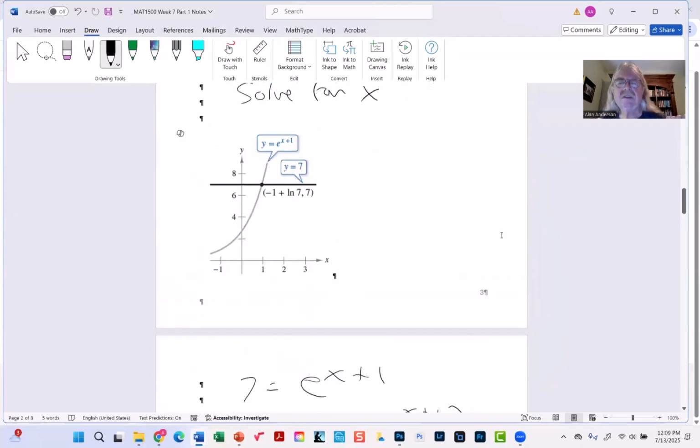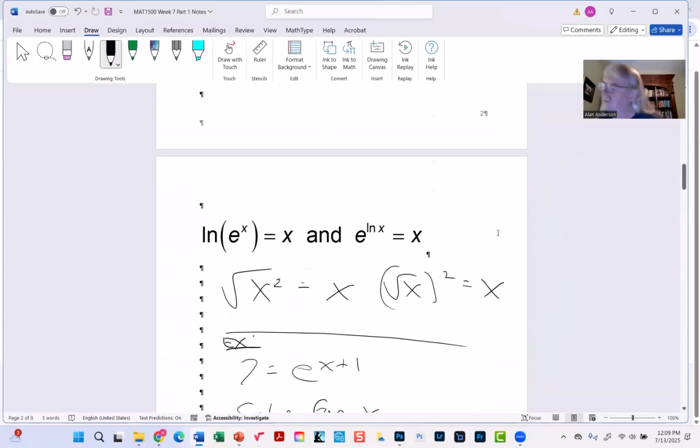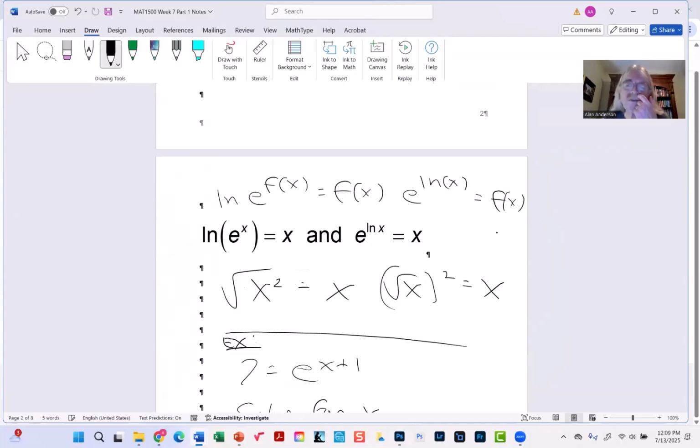In general, we could rewrite this as log e to the f of x is f of x, and e to the log of f of x is f of x. So in other words, this is not just restricted to x itself. Any function of x, log e to the f of x is f of x, and e to the log x.